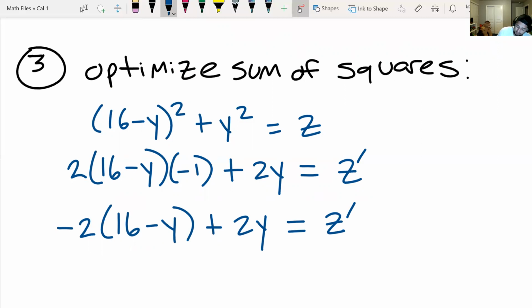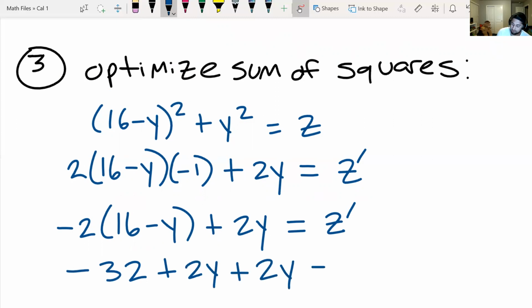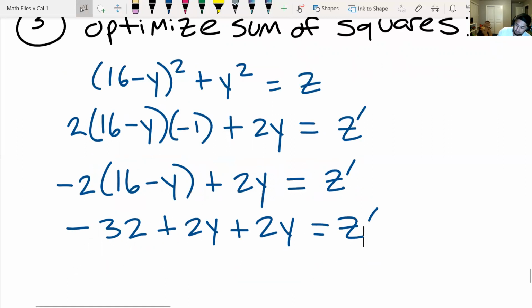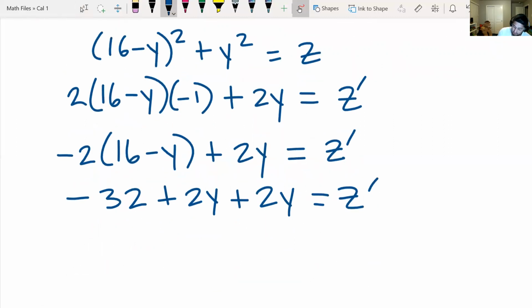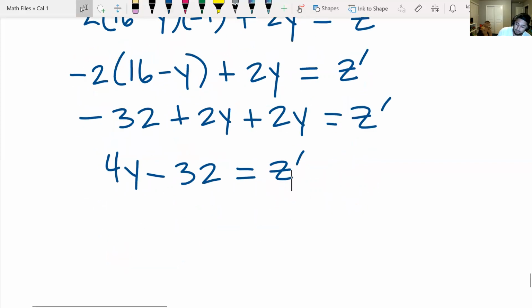Let's go ahead and clean this up. And I get -32 plus 2y plus 2y equal to z prime, which means we get 4y minus 32 equals z prime. Now, it's nice and cleaned up.